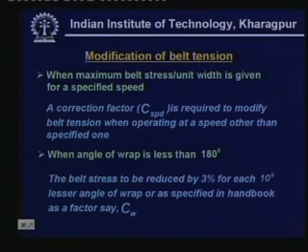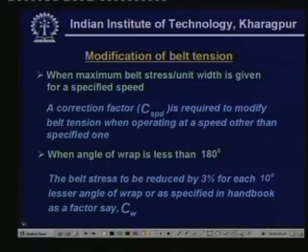Another important factor is the angle of wrap being less than 180 degrees. See, normally for a belt, if we look at the situation, this is a pulley, and if we have a belt like this, this is your 180.